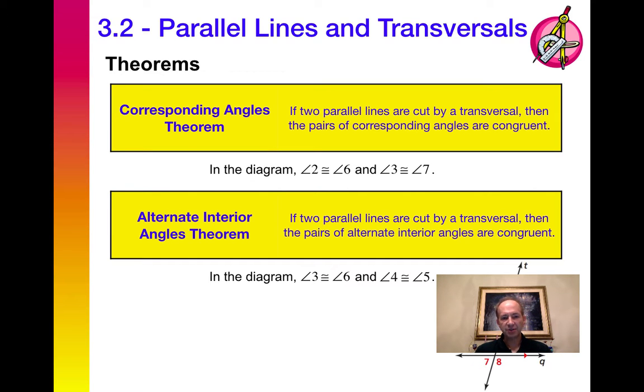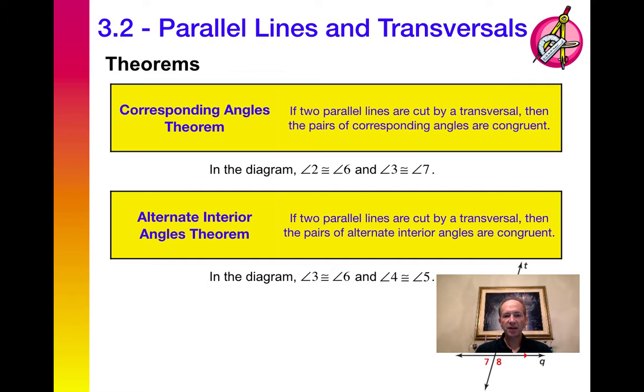The alternate interior angles theorem is talking about angles like 6 and 3. They're interior because they're in between P and Q, and they alternate on either side of the transversal. So 3 and 6.